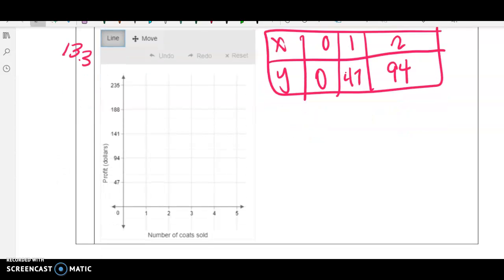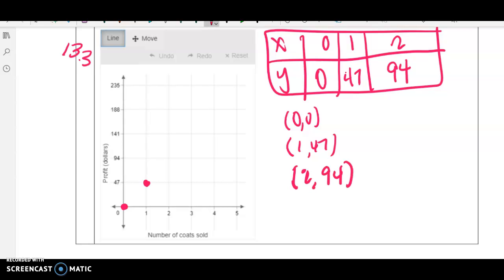So then you can go over to your graph. 0, 0 is 1 point. 1, 47 is our next point. And then 2, 94 is our third point. Connect those.